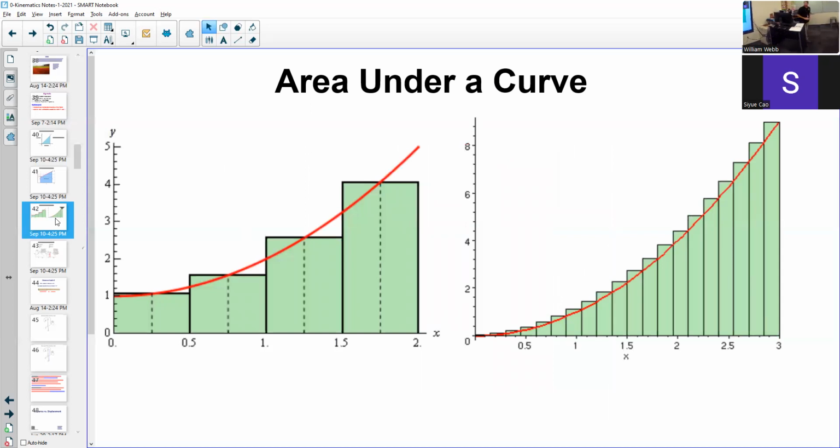If we have something that doesn't have a nice linear positive slope or even a linear negative slope where we can easily create a simple geometric shape, if we have something that's maybe quadratic in nature, then we have to think about finding the area a little differently because it doesn't make a nice triangle or a nice rectangle. We've got this curved edge.